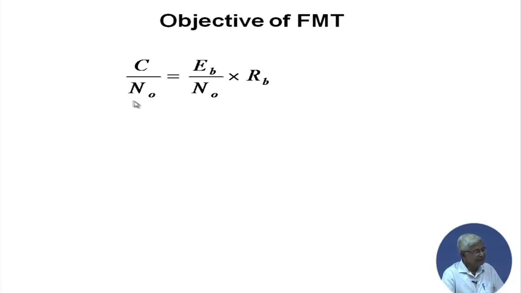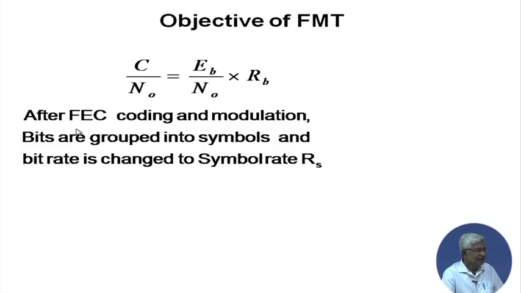So, the objective of the FMT, I put it in a slightly different way. You just see C by N naught is C equals EB into RB, energy per bit into the bit rate. So, EB by N naught into RB. Now, after FEC and coding and modulation, where FEC is forward error correction, error control coding, which improves the errors, after FEC coding and modulation, bits can be grouped into symbols.